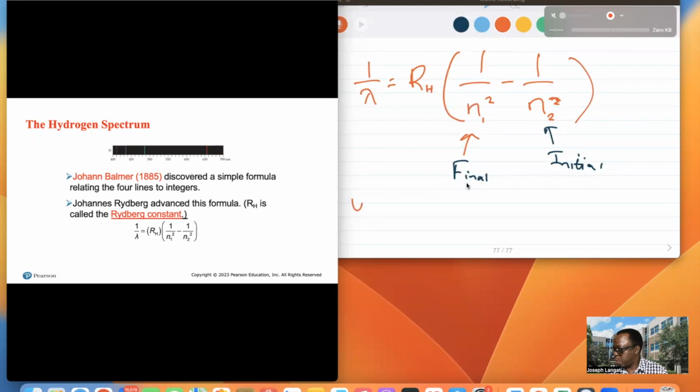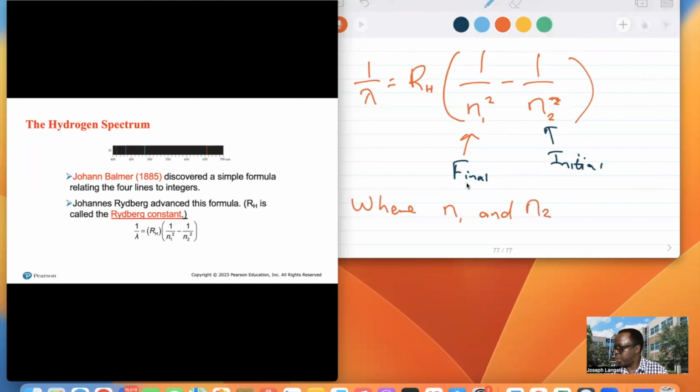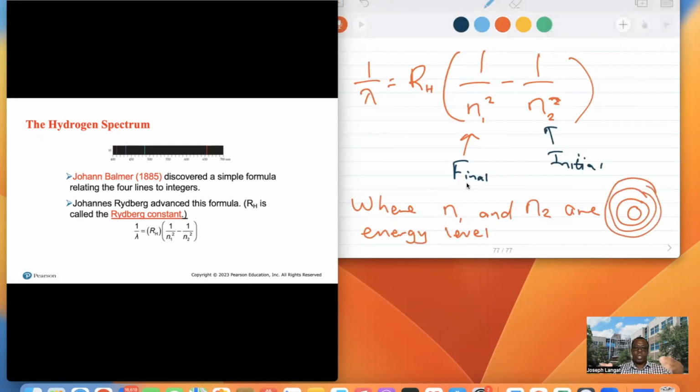N1 and N2 are energy levels. Remember energy level 1, energy level 2, energy level 3, energy level 4, and so forth as you go.